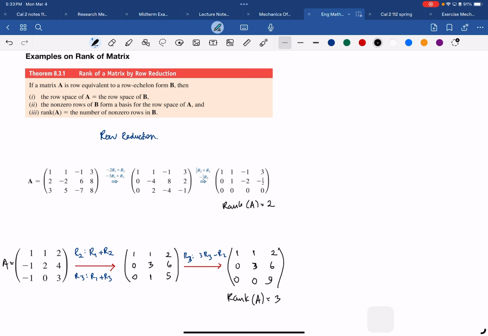So if you are going to evaluate a matrix, for example this matrix here, if we can take some row operations and show that there is one row that is all zero, so we have two rows that are non-zero, then we can determine that the rank of this matrix is two.